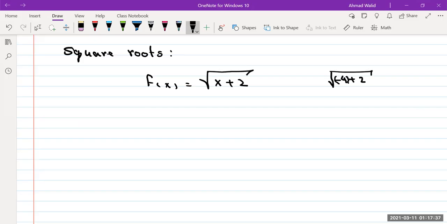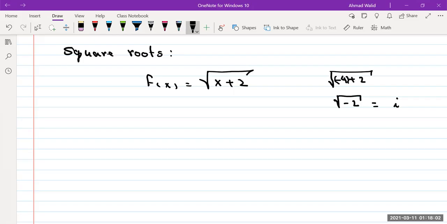Negative 4 plus 2 gives you the square root of negative 2. The square root of negative 2 will be an imaginary number. It will be i, whatever i is, 0 point something or 1 point something, correct? It means when you have a negative number under the square root, you cannot show it on the number line.